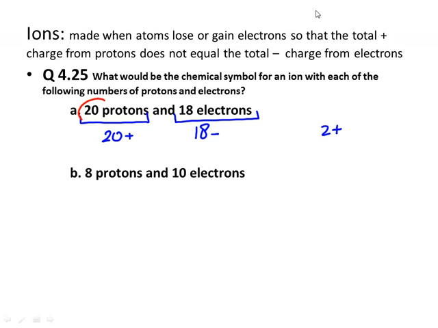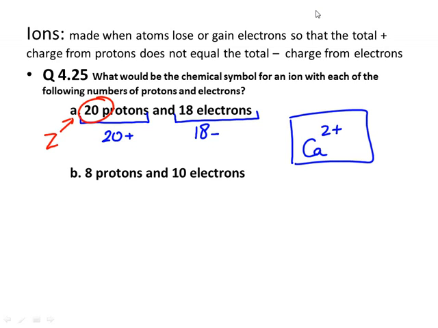So since there are 20 protons, the Z value for this atom is 20. If you look at the periodic table, which atom has a Z value of 20? Yes, you're right, it's calcium. So this ion that we are talking about is the calcium ion with a charge of 2 plus.